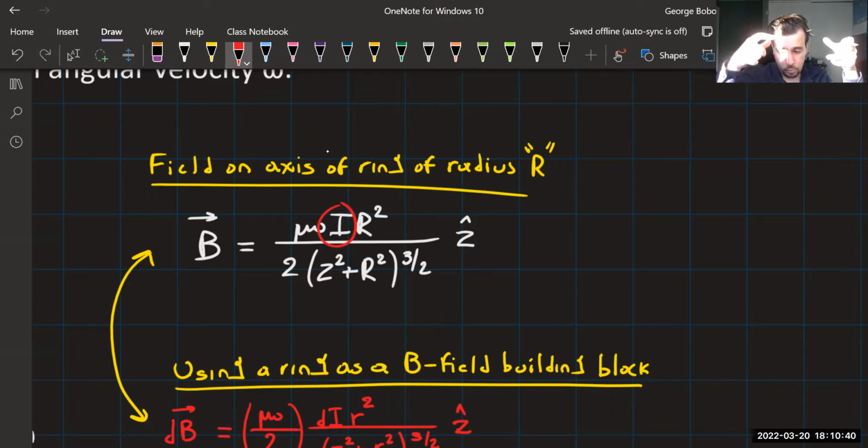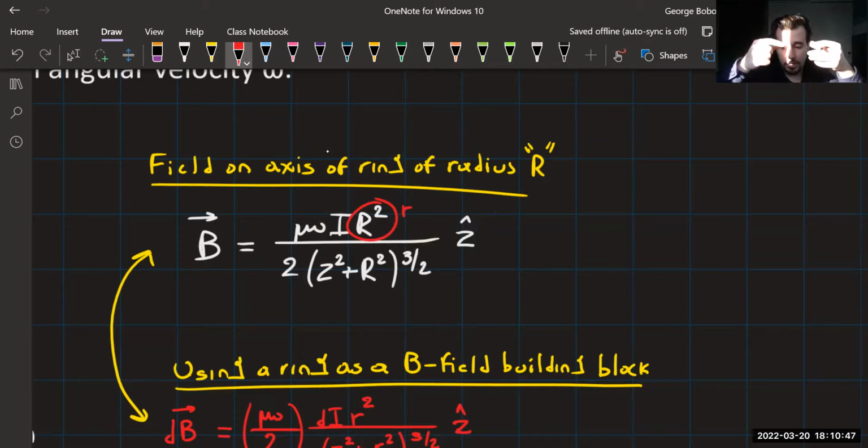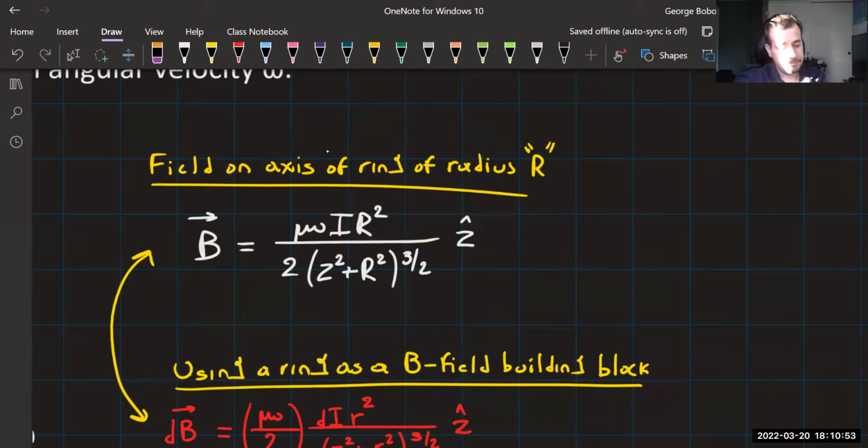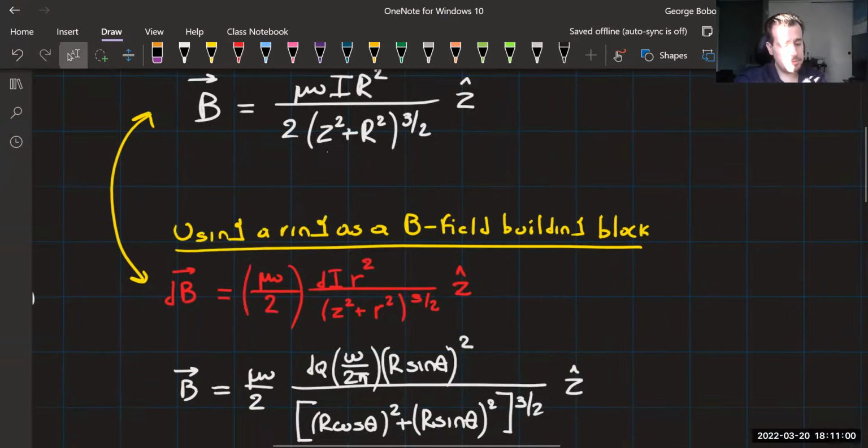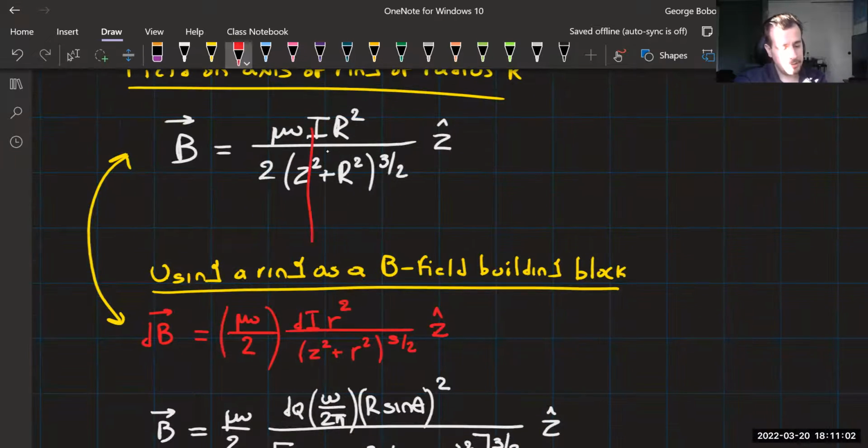A ring makes up a portion of the sphere. This guy has become little r because, again, the radii of the rings change as you integrate around the sphere, right? They change. And z here has been left as z. So you'll see those changes being done here, okay? Again, as I mentioned.